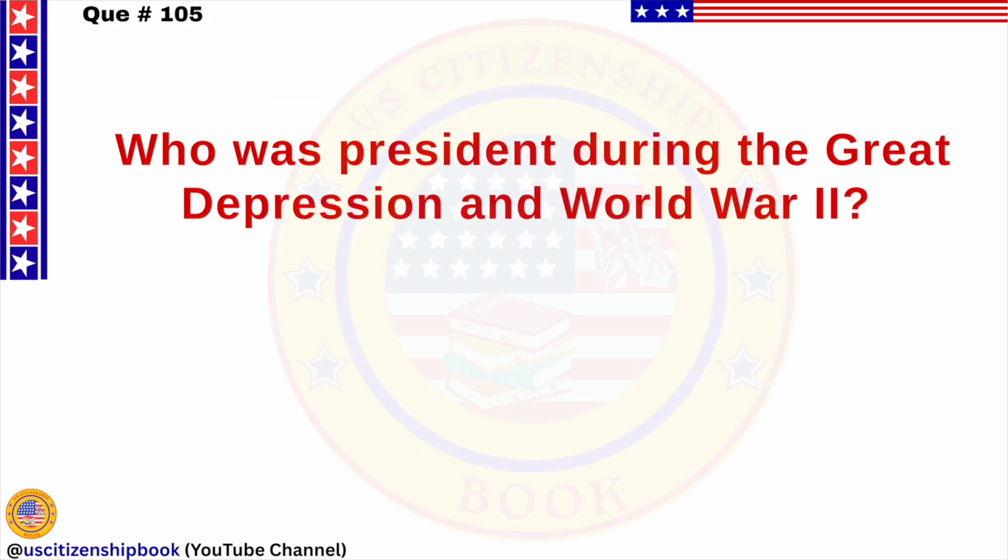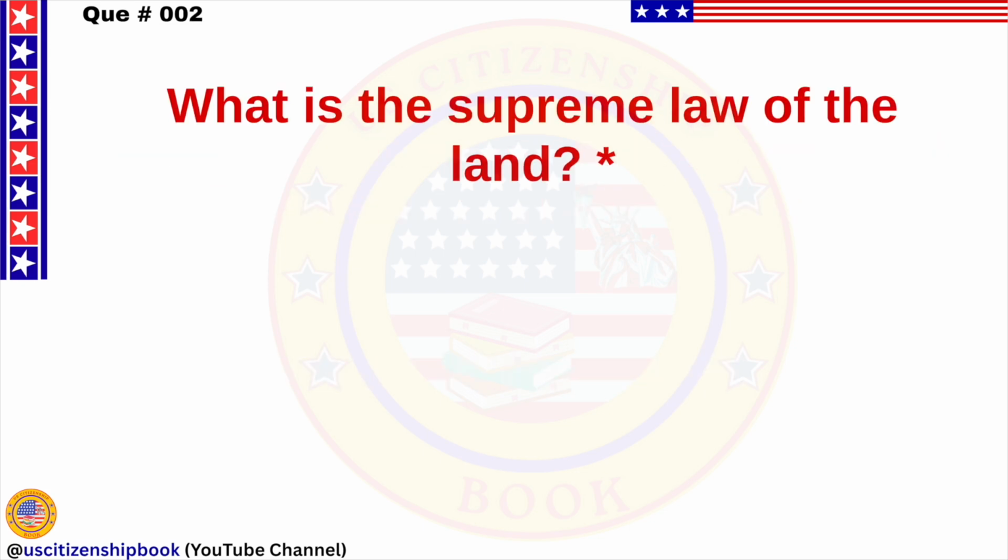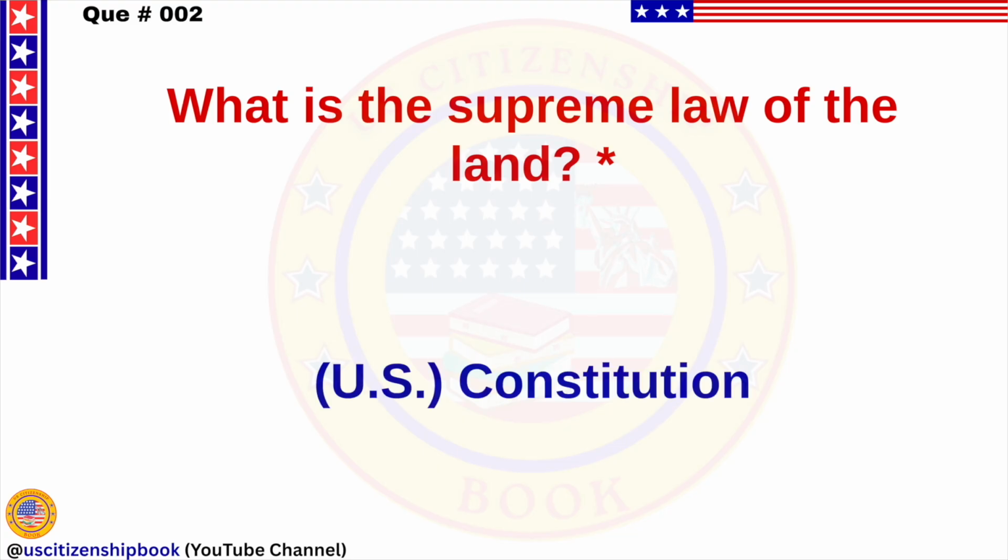Who was president during the Great Depression and World War II? Franklin Roosevelt. What is the supreme law of the land? U.S. Constitution.